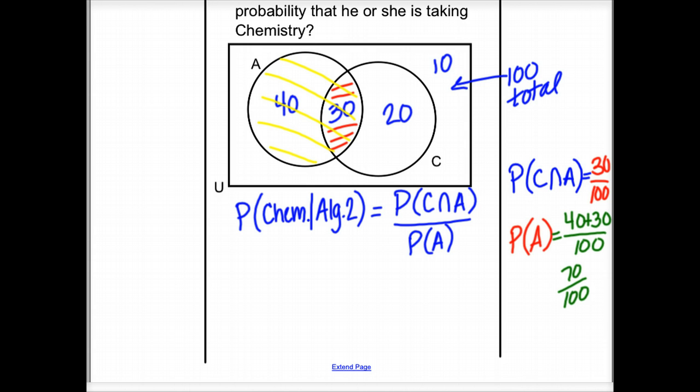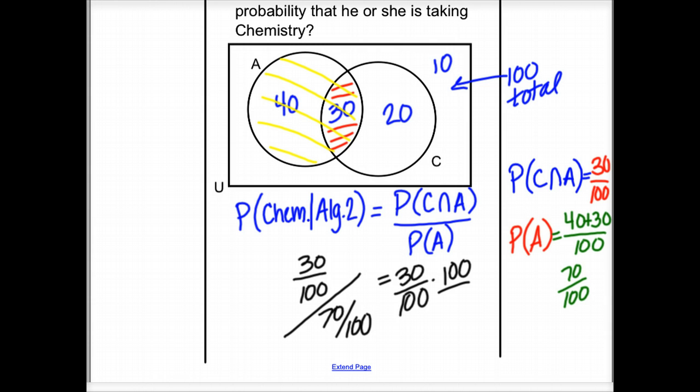And so when we put that into our formula, that's going to be 30 out of 100 divided by 70 out of 100. So keep, flip, change: 30 out of 100 times 100 over 70. The hundreds cancel.